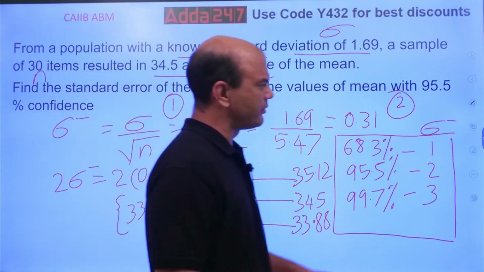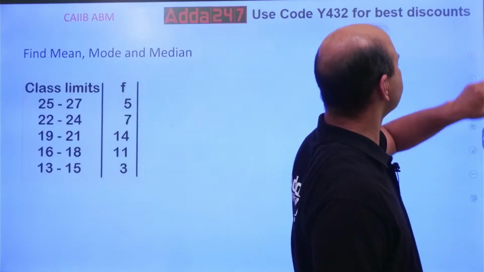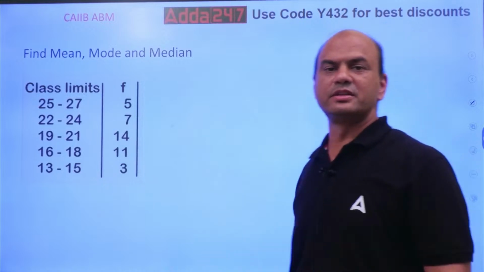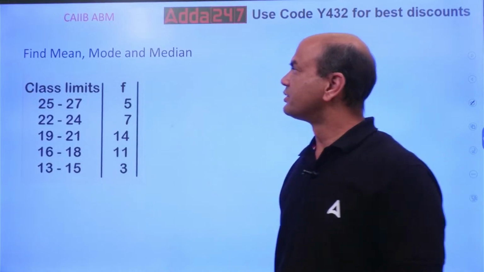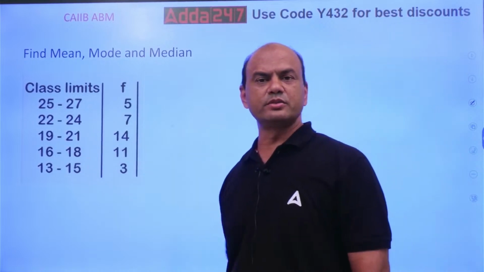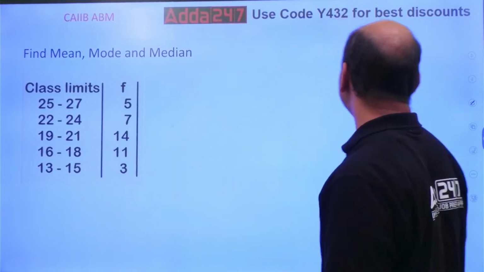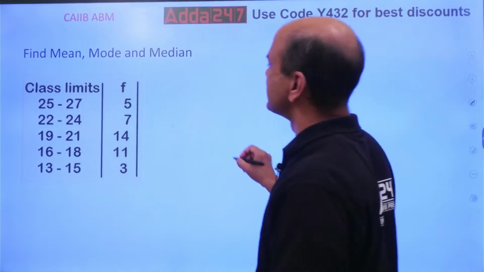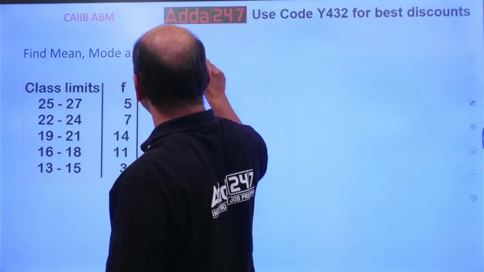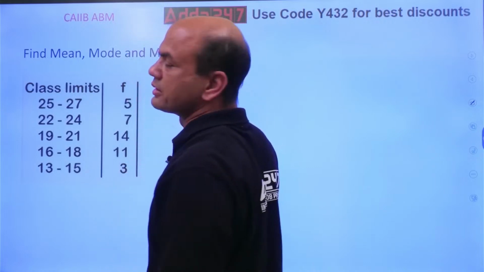One more. I am having many numericals. This is the toughest one. Find the mean, mode and median. This data is known as grouped data. There are 2 types of data: one is grouped, second is ungrouped.